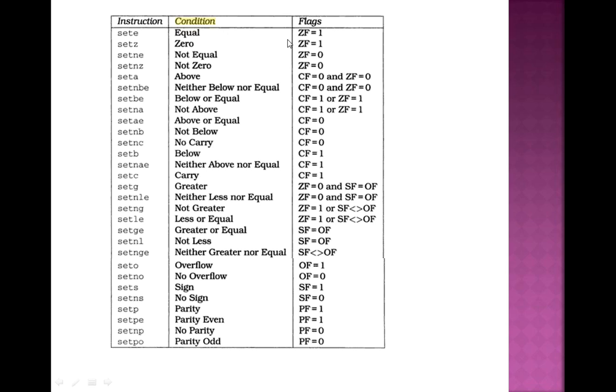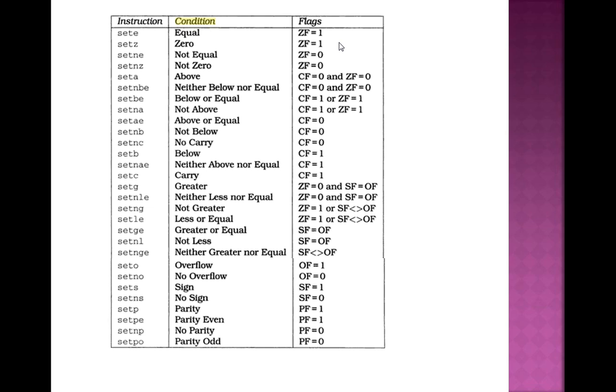SETE sets when the zero flag is 1. SETZ also sets when the zero flag is 1. Then SETNE, not equal, sets when the zero flag is 0.